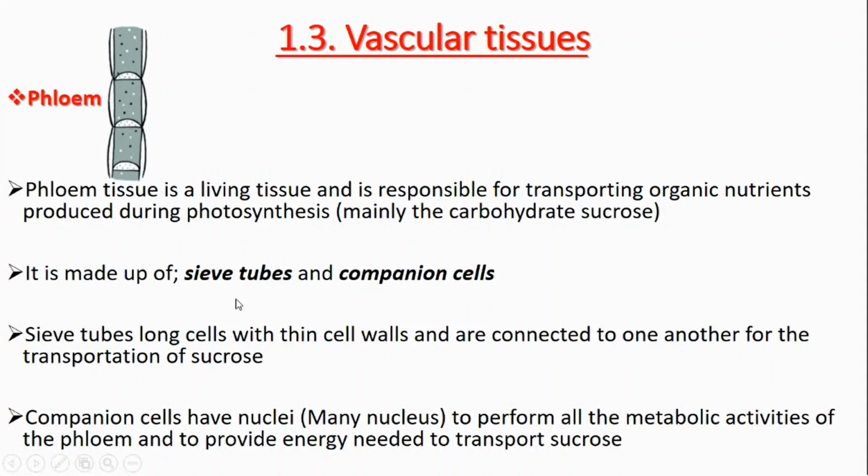The phloem has sieve tubes and companion cells. The sieve tubes transport the sucrose. The companion cells have a nucleus, which is responsible for metabolic activities that provide the energy for the transportation of sucrose. The sieve tubes cannot make their own energy. They require the companion cells to make the energy, and the sieve tubes take up the energy and are able to transport the sucrose.